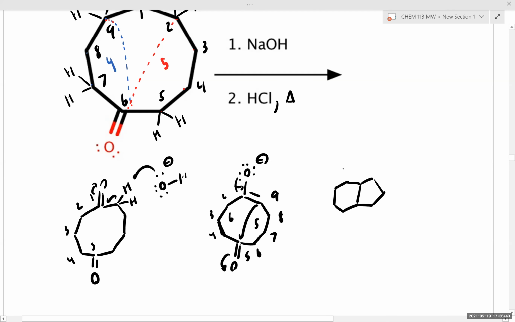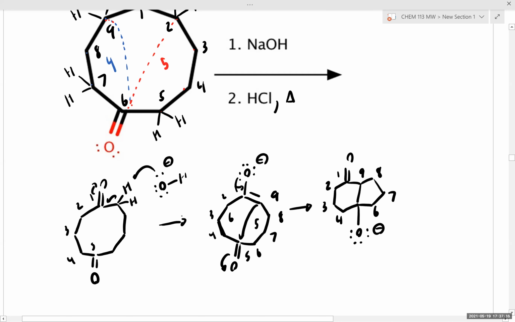Okay, and now I'm just going to label my carbons. So carbon 9 and carbon 5, that's our key bond that we're forming. My carbonyl is at carbon 1, 2, 3, 4, and at carbon 5, we've just formed a carbon-carbon bond, so that's where we'll draw our alkoxide ion.